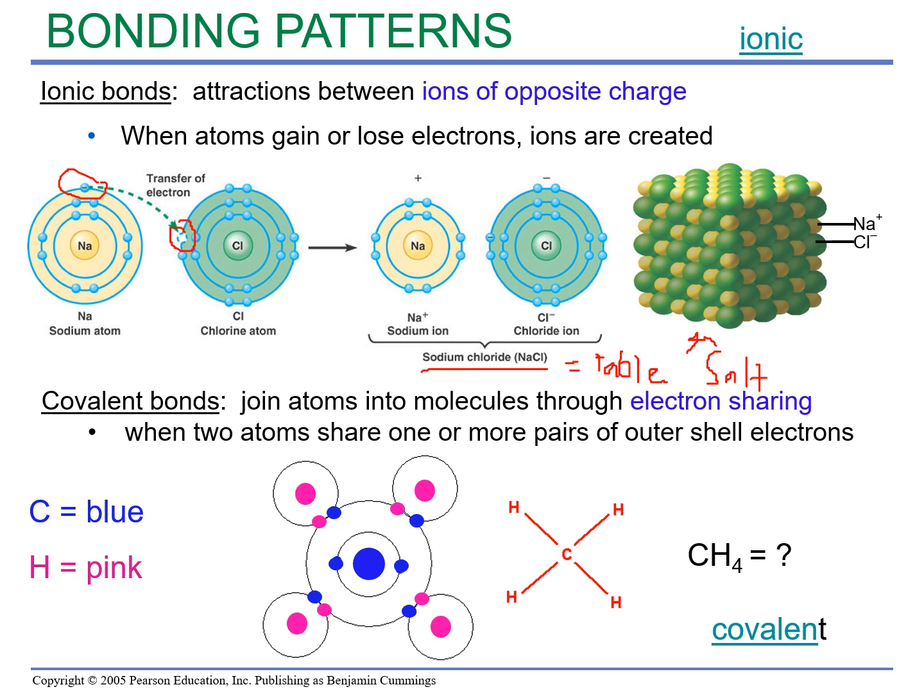In this image here, you see that there is a covalent bond in this place, this place, this place, this place. So these are carbon and hydrogen, and carbon has 4 bonds.